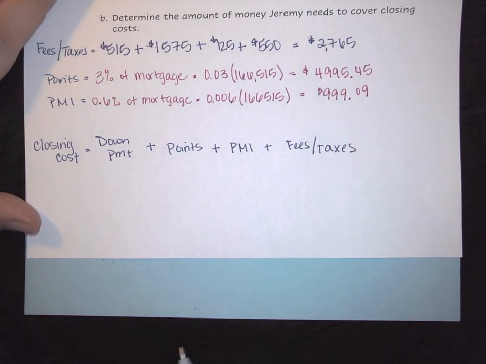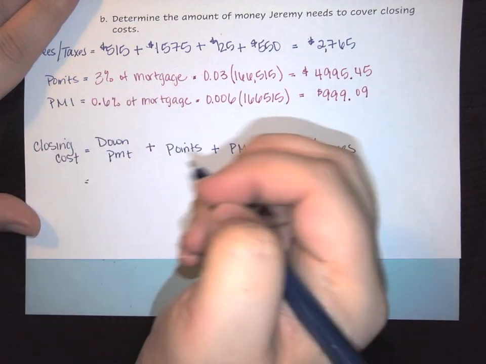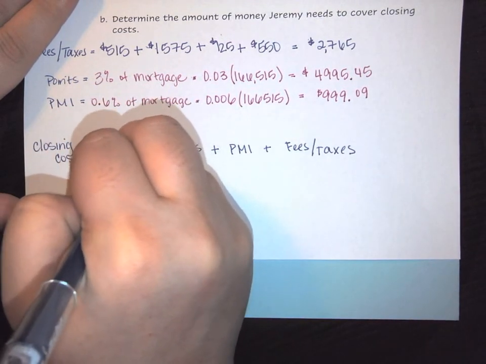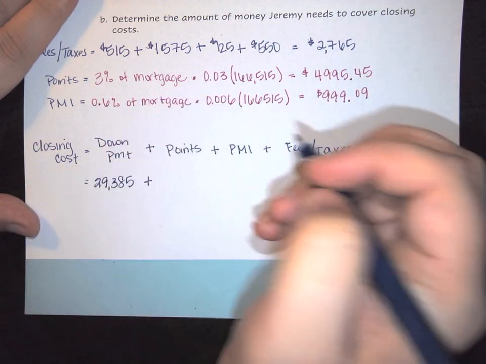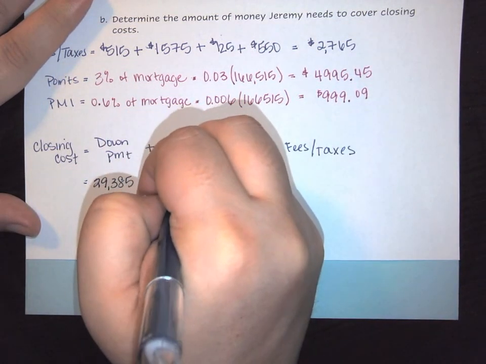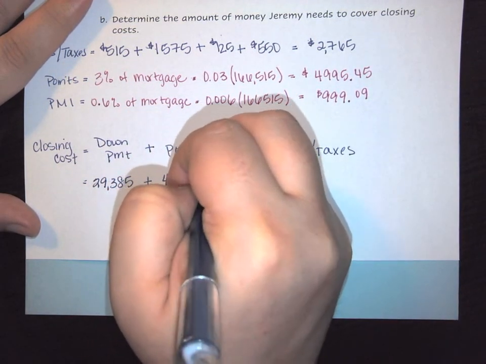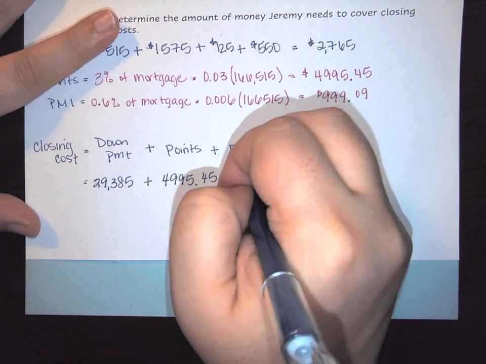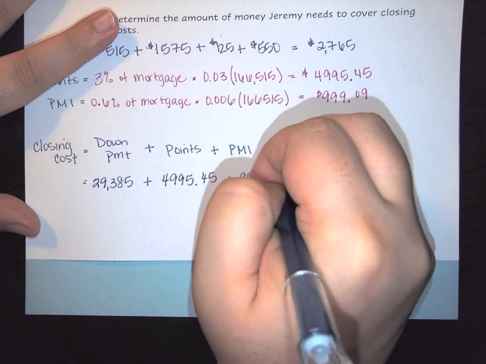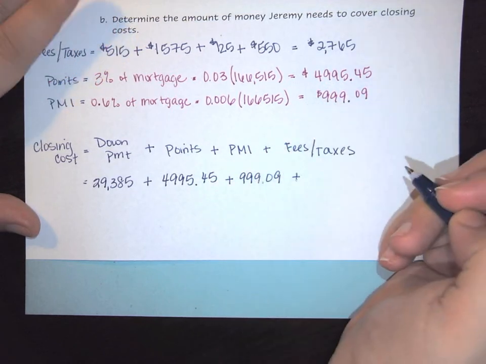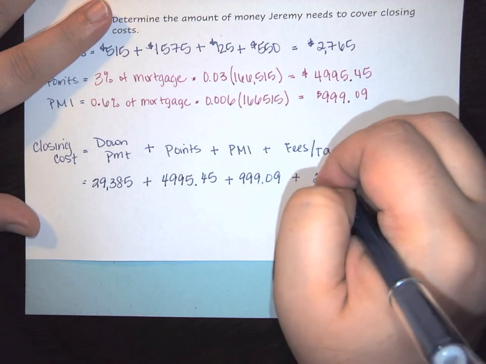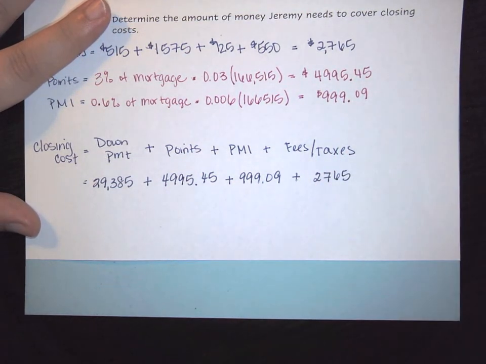Okay. So here your down payment was $29,385. Your points was $4,995.45. Your PMI was $999.09. And your taxes and fees was $2,765.